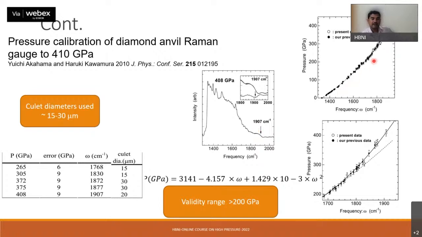They plotted all their previous data together with the present data. Whatever calibration they had done earlier went like this up to 310 GPa. But when they measured up to 410 GPa, there is a slight deviation above 300 GPa, and they tried to fit it again with the present data, all the initial pressure values including the 410 GPa range.